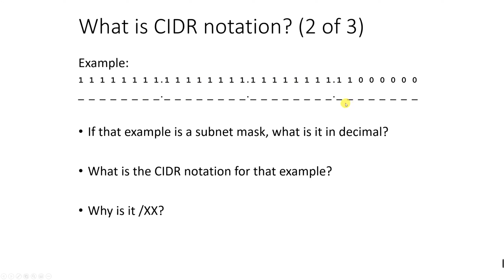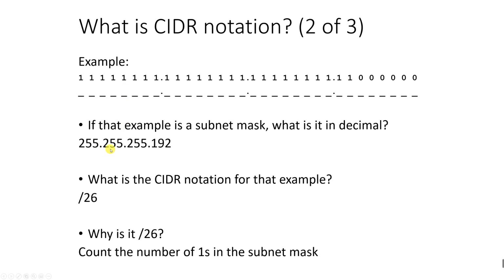So what's 128 plus 64? It's 192. So this CIDR of /26 converts to 255.255.255.192. And again, why is it /26? Well, you just count the number of ones in the subnet mask.